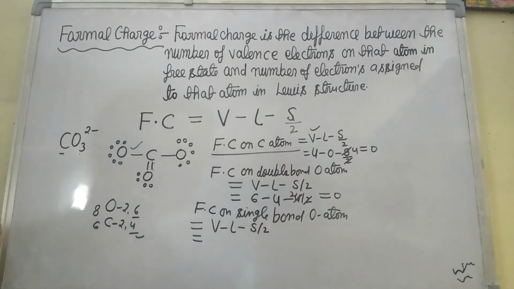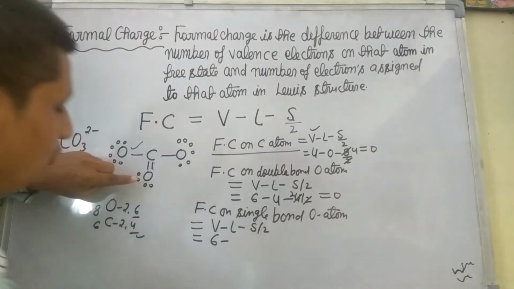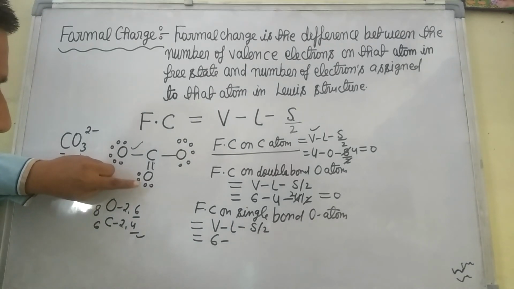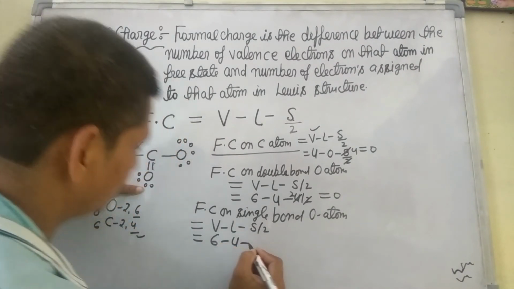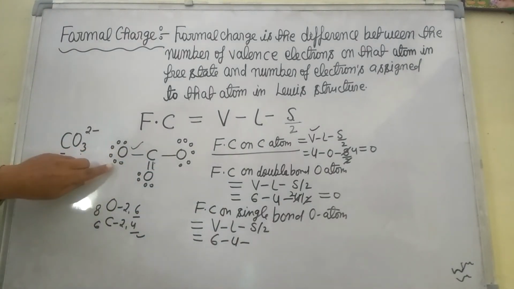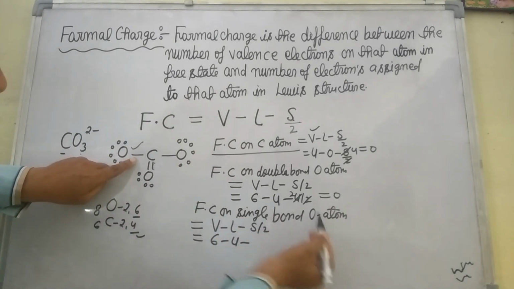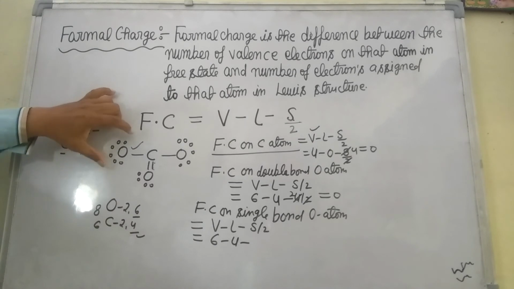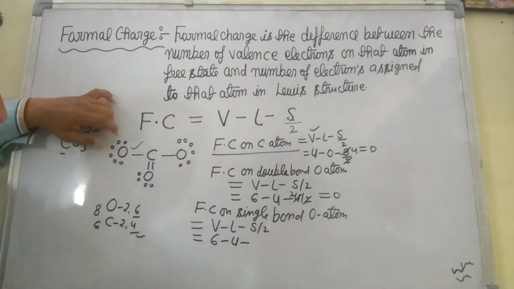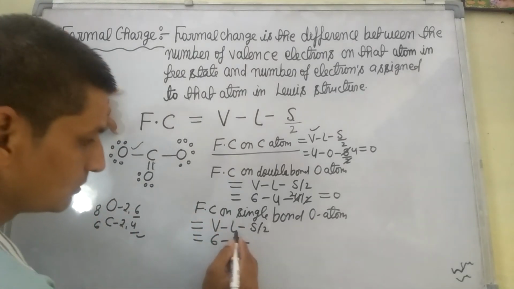Here the total number of valence electrons in this oxygen atom is 6. In the single bond oxygen atom, valence electrons 6 and lone pair electrons 1, 2, 3, 4, 5, 6. Lone pair electrons are also 6.